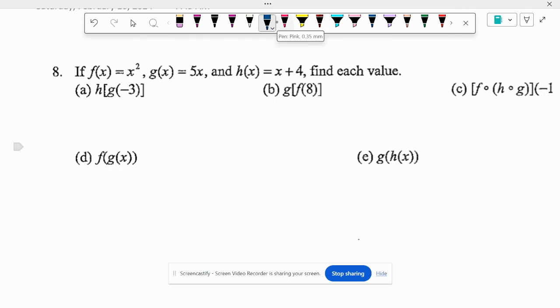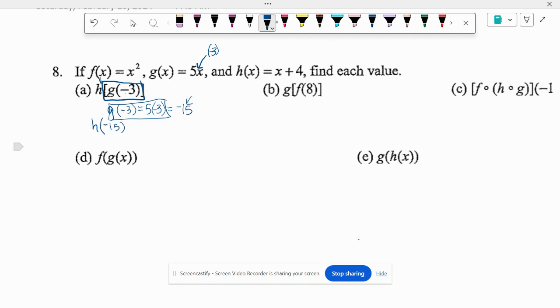This right here is telling me that first I'm going to evaluate g at -3, meaning I'm going to let x equal -3. So g of -3 equals 5 times -3, which is -15. Now I'm going to take the h function and evaluate it at g of -3, but g of -3 equals -15.